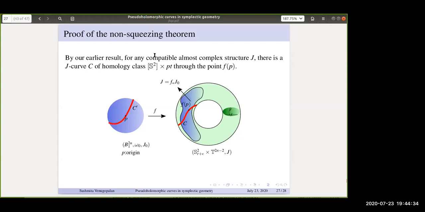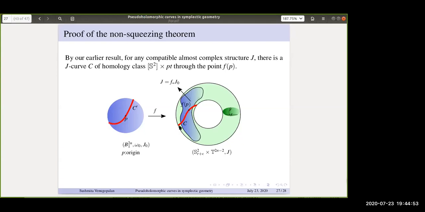So by our earlier result, for any compatible almost complex structure J, there is a J curve C of homology class S2 cross point through the point f(p). And notice what f(p) is: I take p to be the origin of the ball, and f(p) is the image of the origin.